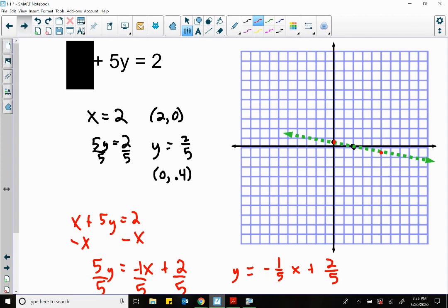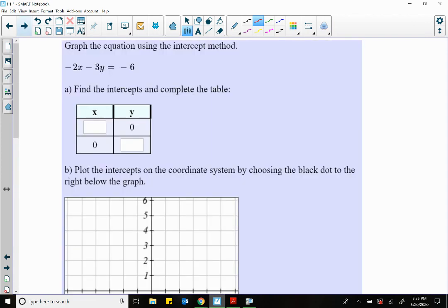Okay. So let's see what we got next on our plate. Let's talk about what you're going to see in your assignment. So here's like what I showed you right here. They're going to give you an equation, and the first thing is they're going to want you to fill in here. Now, in these boxes are going numbers because they are actually making you create the points.